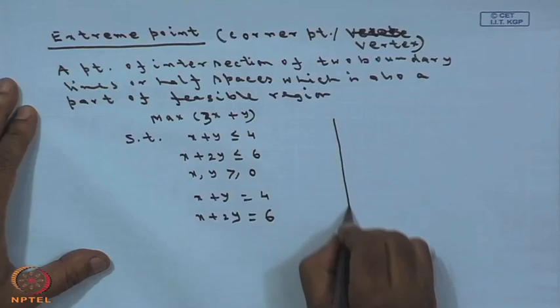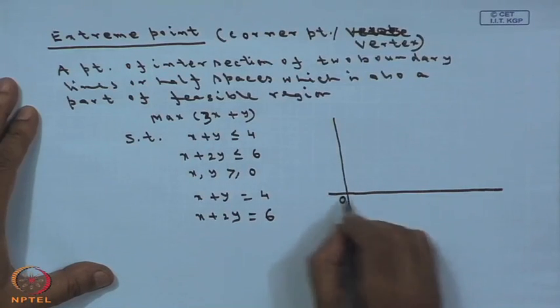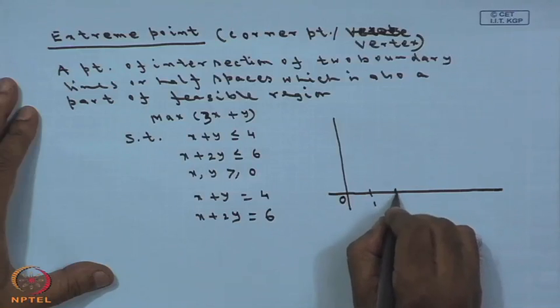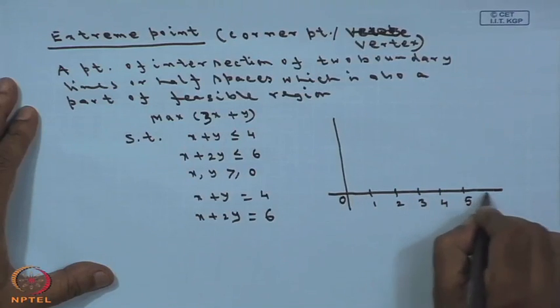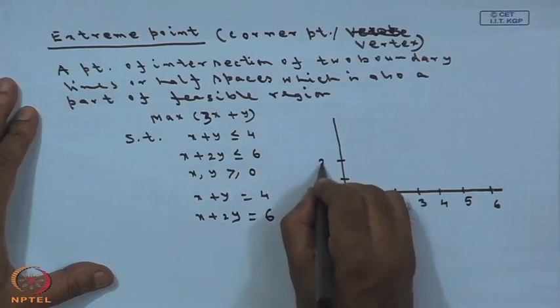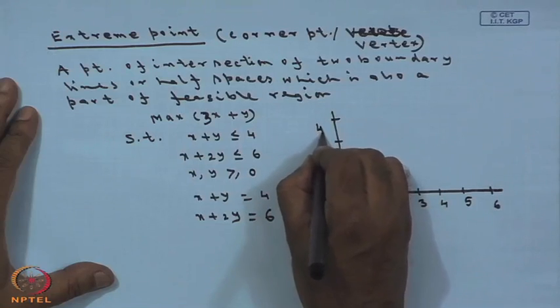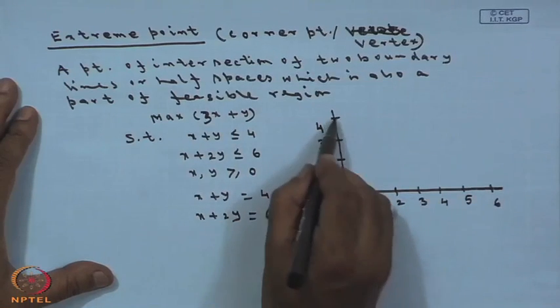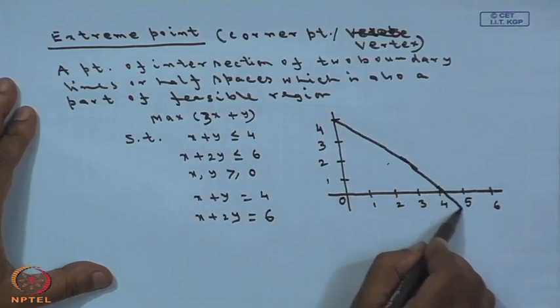So, if I draw a graph, just this is the origin, it will go up to 6: 1, 2, 3, 4, 5 and 6. On this side I am making 1, 2, 3 and 4. So, there will be a line which will be passing through 4 and 4.